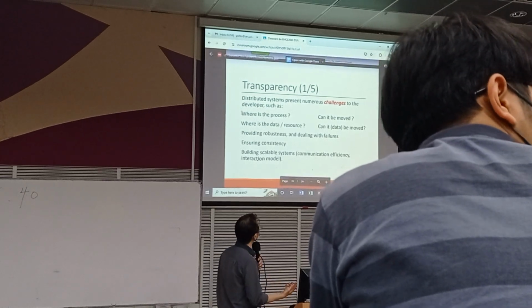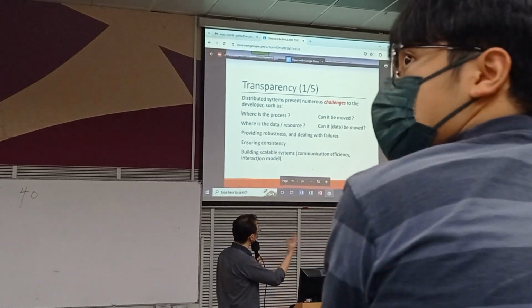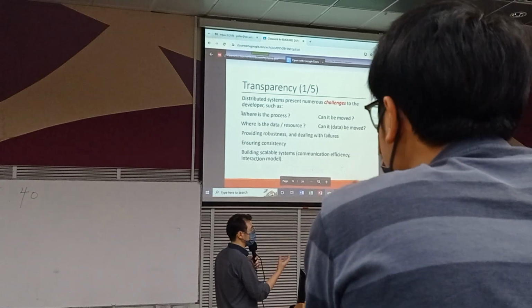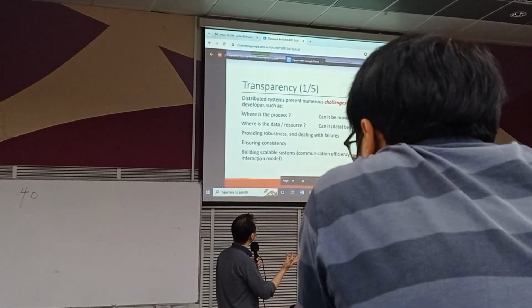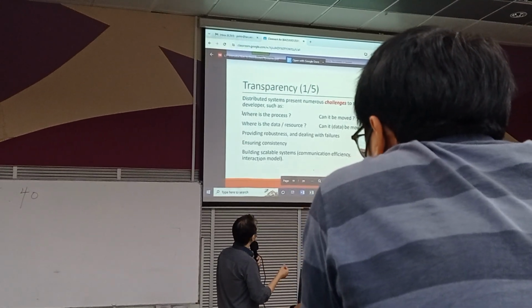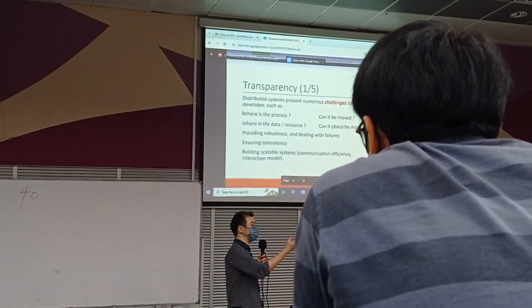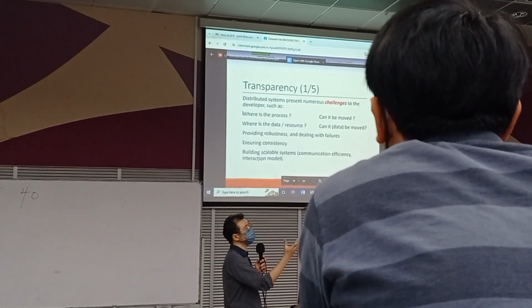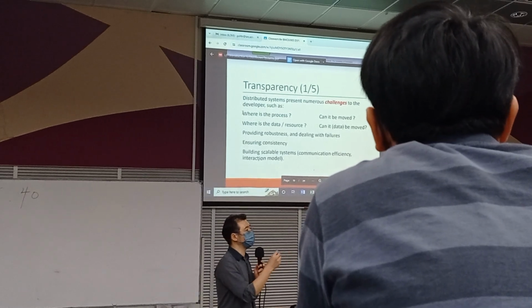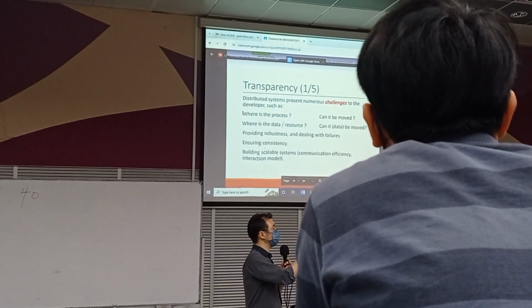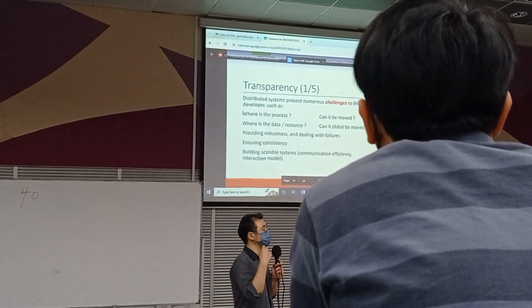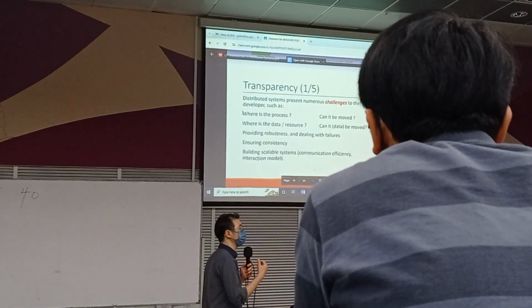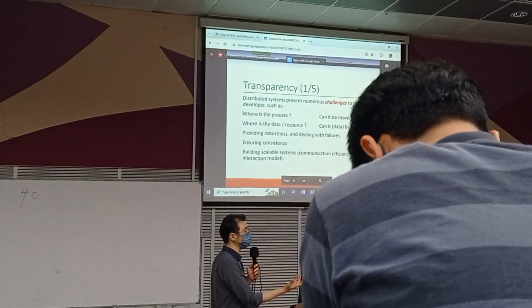So you have to make sure that it is transparent when you move. You must make sure that when you fail, you can recover easily. Okay, and then when the data is changed, say the movie, or maybe the program, I said not movie, the program is patched, then every replication is also updated as well. So you're not having the old copy.